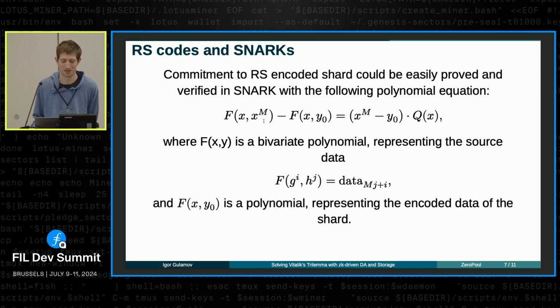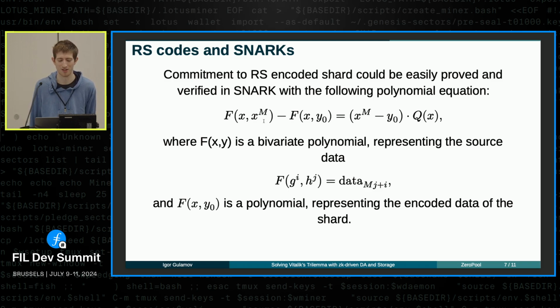We can represent the data as a bivariate polynomial, and then we can easily compute the commitments to shards and prove with this polynomial equation that each shard is a valid part of the source data.